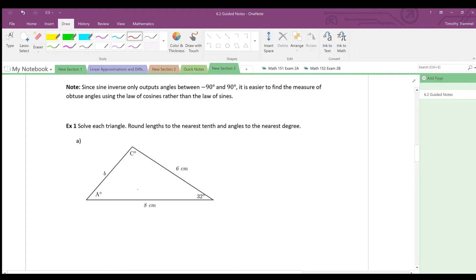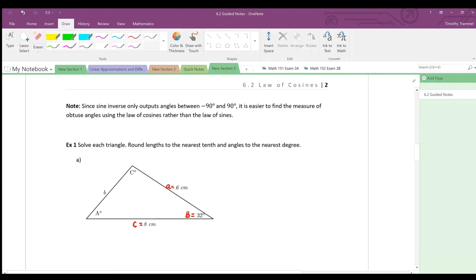And let's think about, well, what sides and angles do we have? Well, this 8 centimeters is, again, side C. The 6 centimeters is going to be side A. And then finally, this angle over here is angle B. So what this means is we can use the formula that has little a and little c in it.